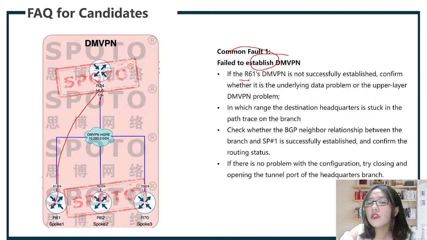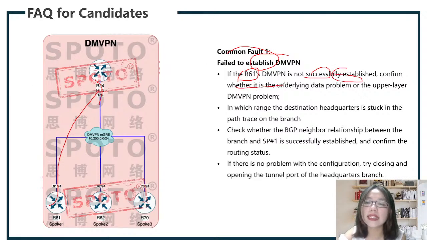First, if the router 61 DMVPN is not successfully established, we should confirm whether it is an underlying data problem or an upper-layer DMVPN problem, and in which range the path trace from the branch to the headquarters is stuck.